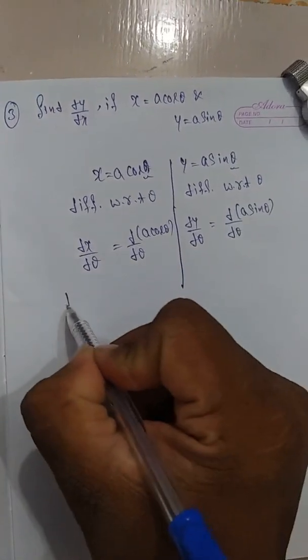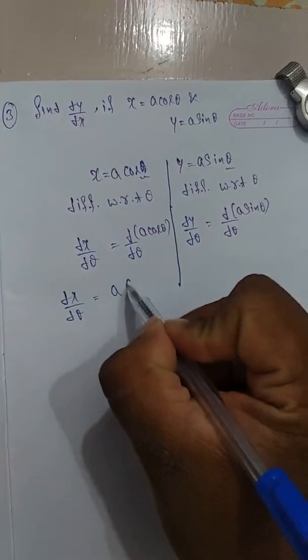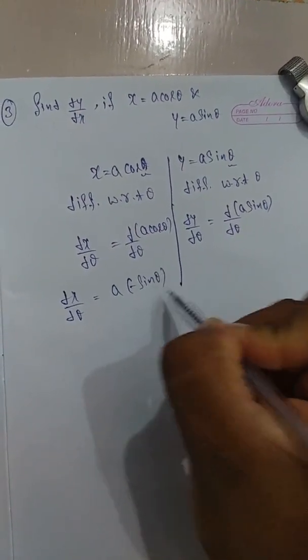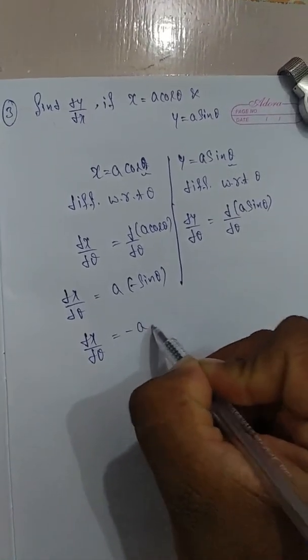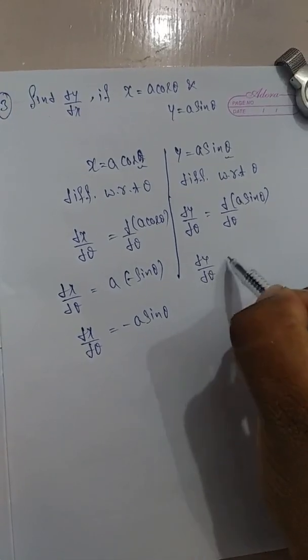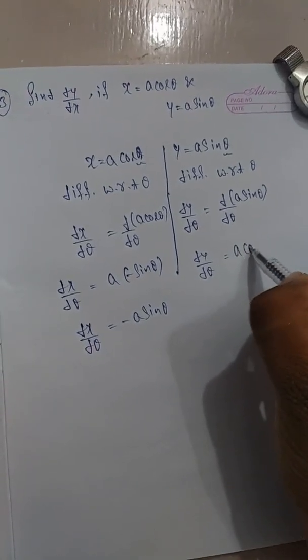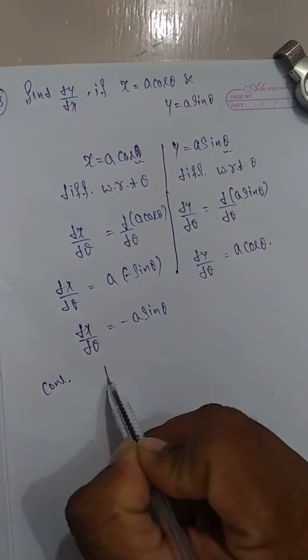Here a is a constant, and the differentiation of cos theta is minus sin theta. So dx by d theta is equal to minus a sin theta. dy by d theta is equal to a times the differentiation of sin theta, which is cos theta. Now you want to find dy by dx.